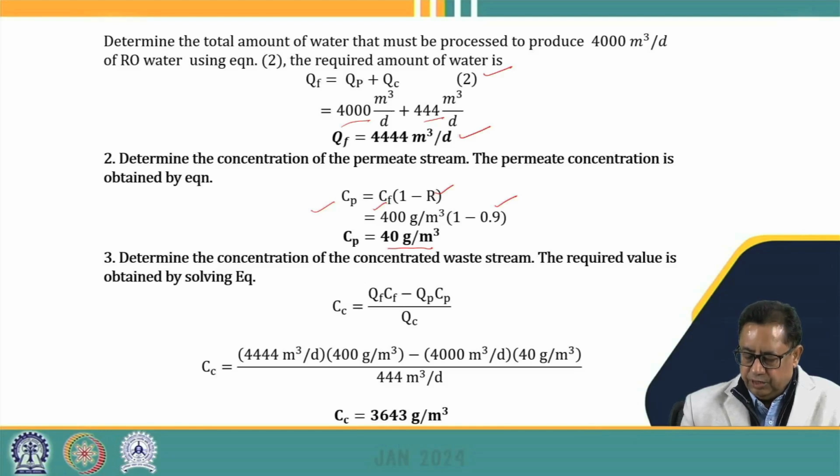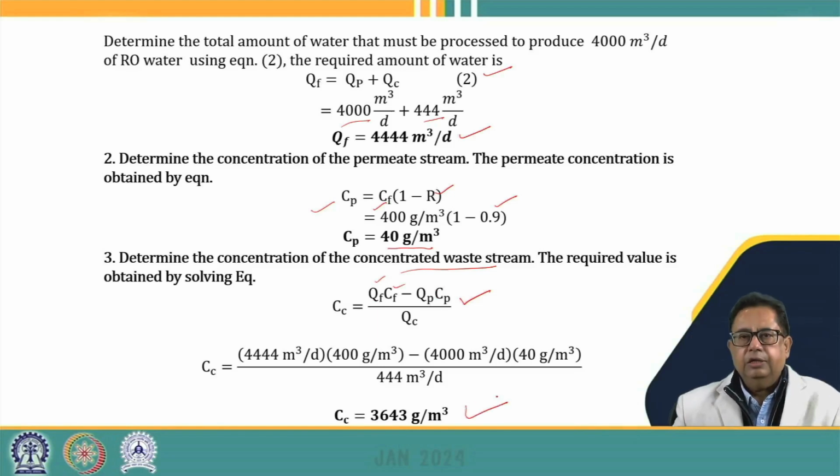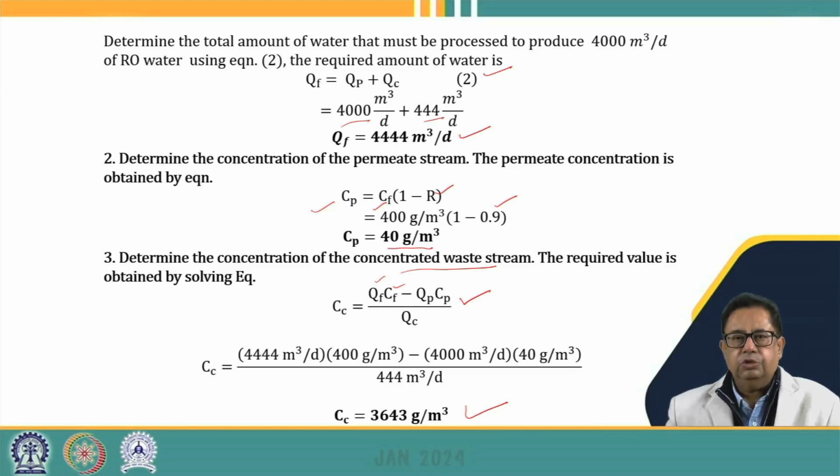We can also find out now the concentration in the waste stream. The concentration in the waste stream can again be found out by applying the mass balance equation. We know the values of QF, CF, as well as the values of QP, CP. So everything is known to us, and we can calculate the concentration in the concentrate. It is around 3,643 grams per cubic meter.